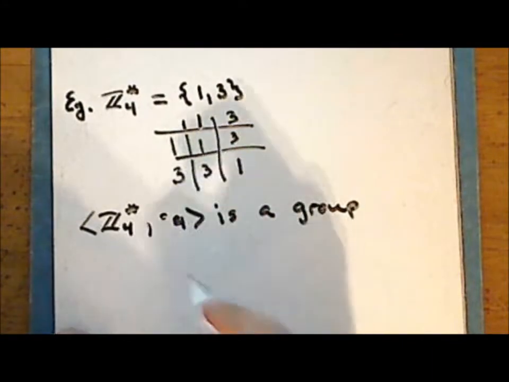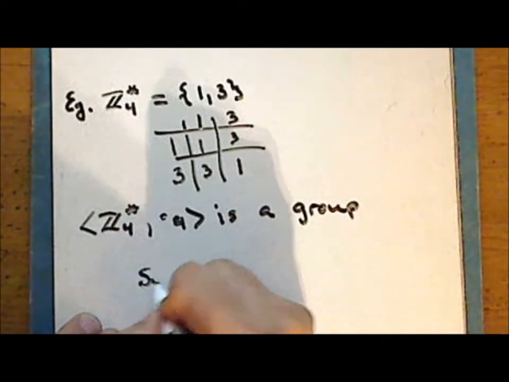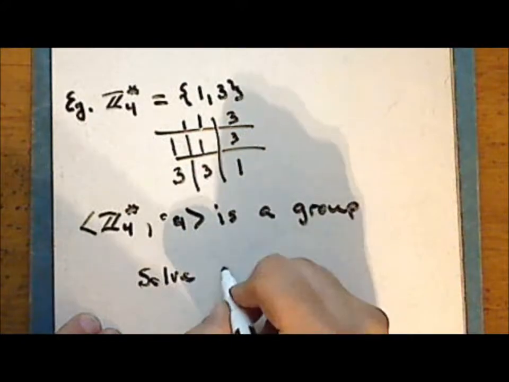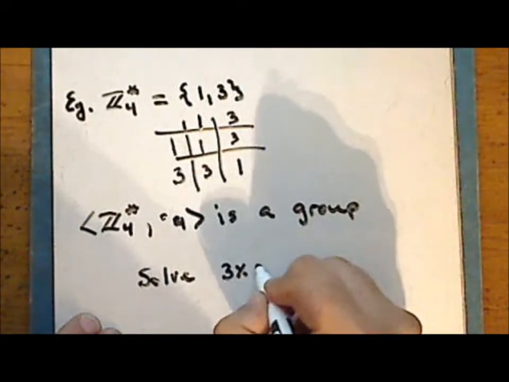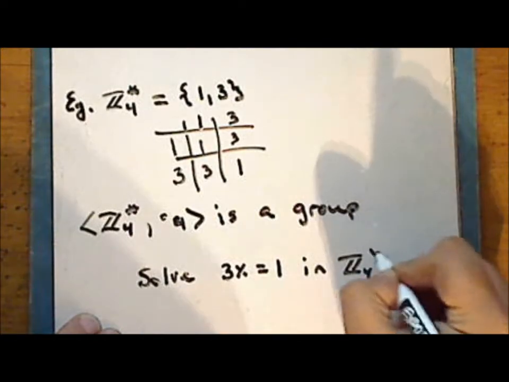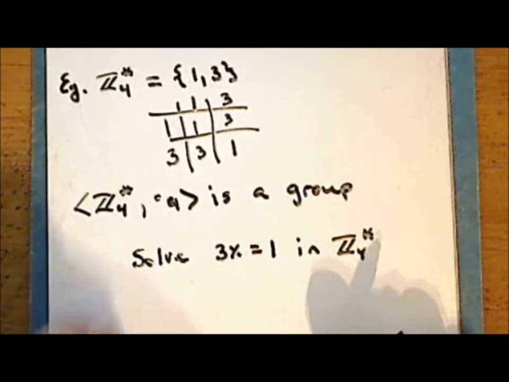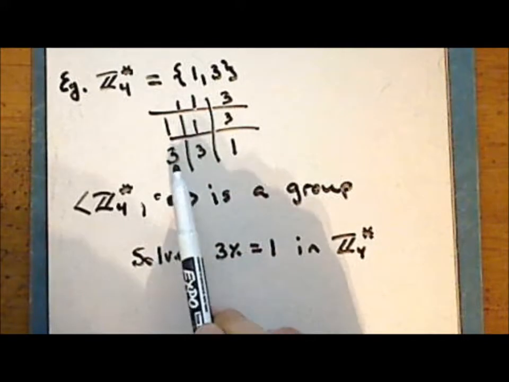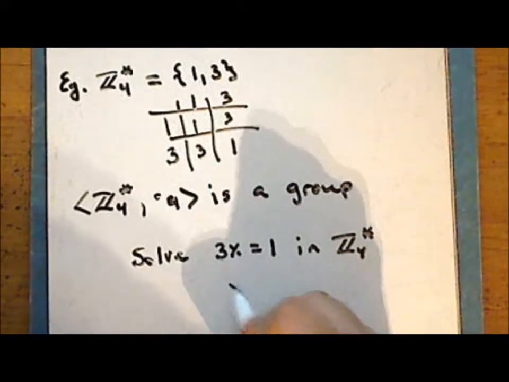And so, for instance, we are guaranteed a solution to the equation 3 times x equals 1. And if we look at the multiplication table, we see that the solution is 3.